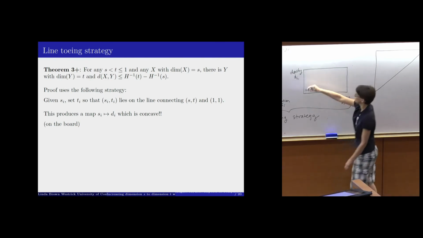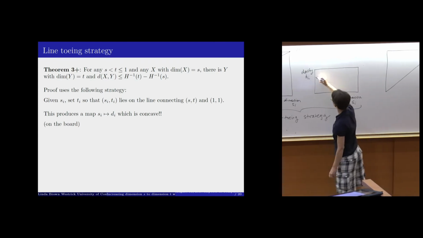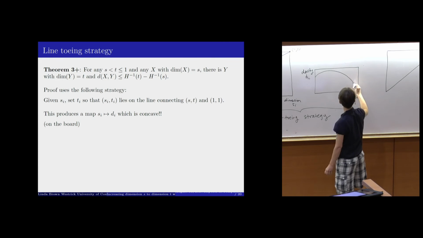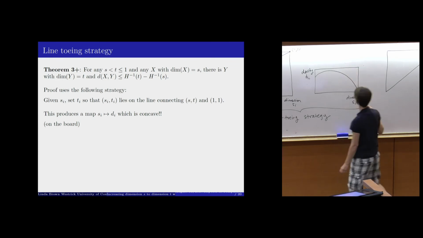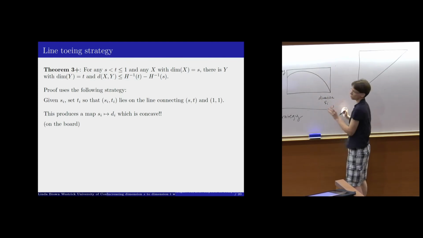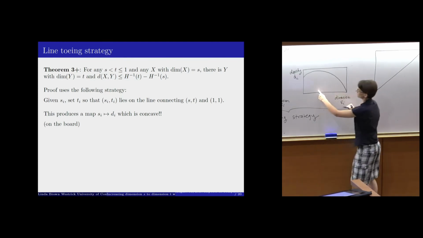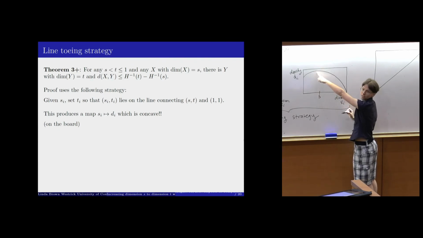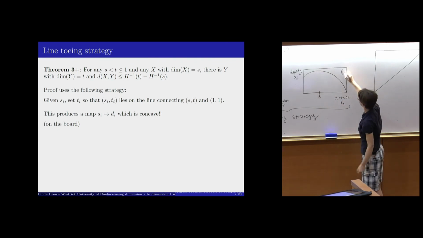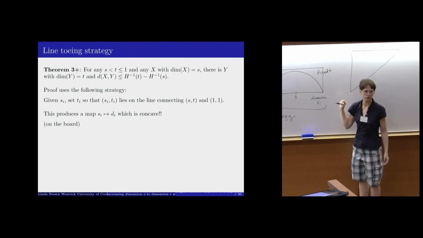When you graph the density of changes that you need, it ends up looking something like this, where every one of these densities would be appropriate for, so if this is S, then this is the target density for S. So there's a fixed T that's implicit in this graph.